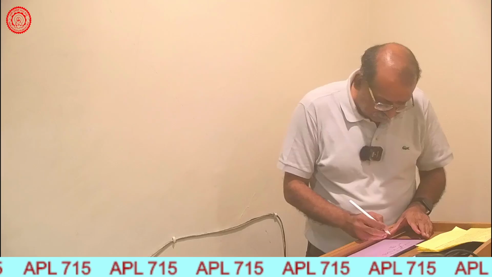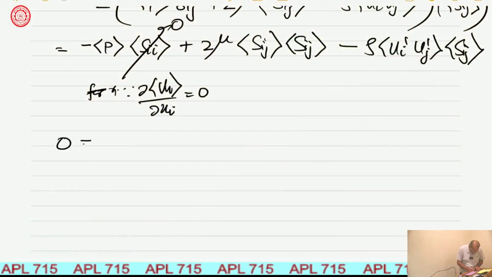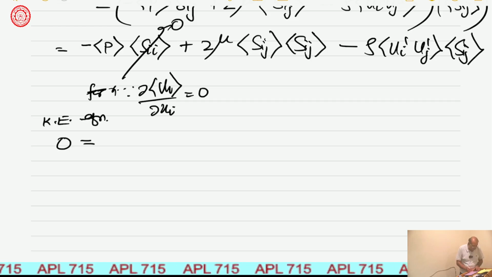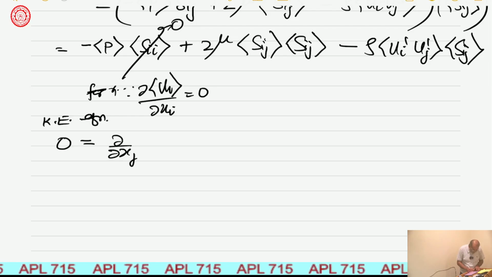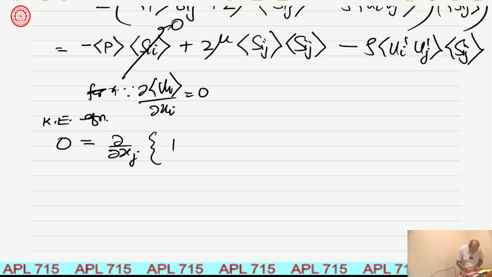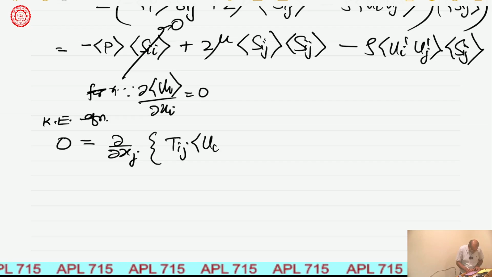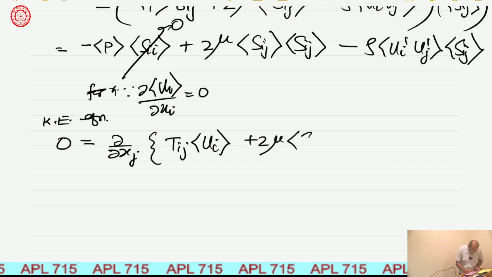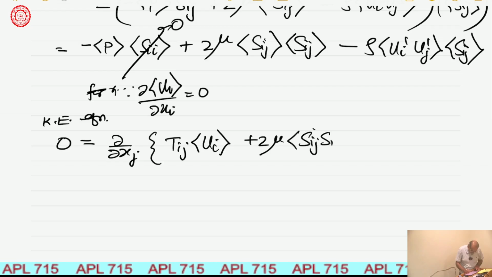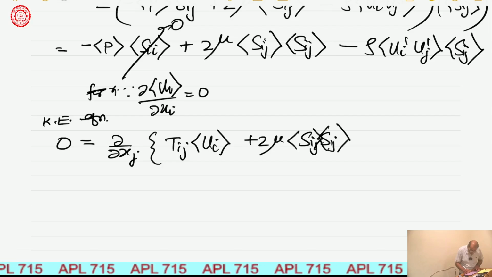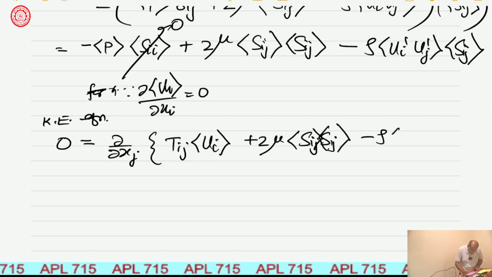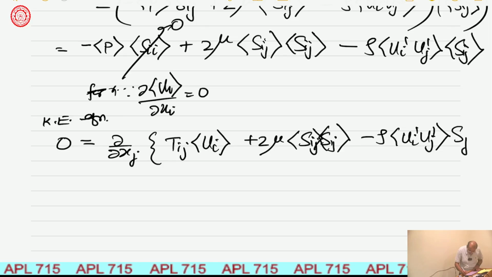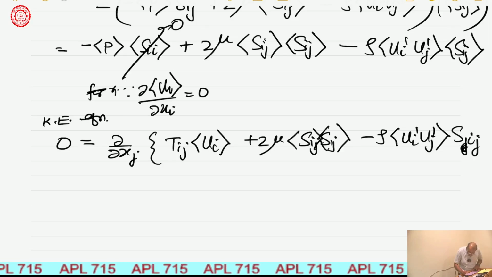Now when I feed this in, the kinetic energy equation gives you 0 is equal to d by dxj of Tij times mean of ui, plus 2 mu Sij minus rho ui prime uj prime, Sij.